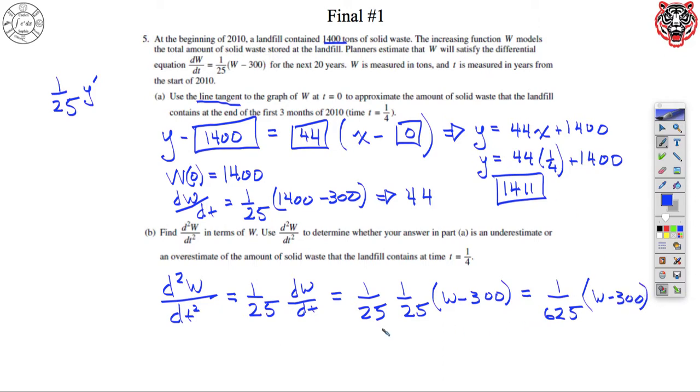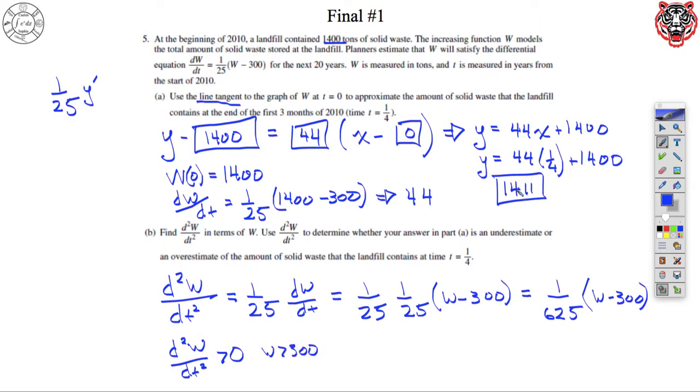All right, so now we need to figure out if it's the overestimate or underestimate from this answer. And it's pretty clear to see that this function is purely increasing ever since you get to 300. It is purely increasing. So that means that d squared w over dt squared is always going to be greater than 0 whenever w is bigger than 300, which happens to be the case here.